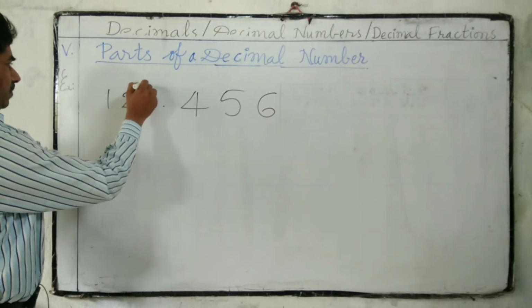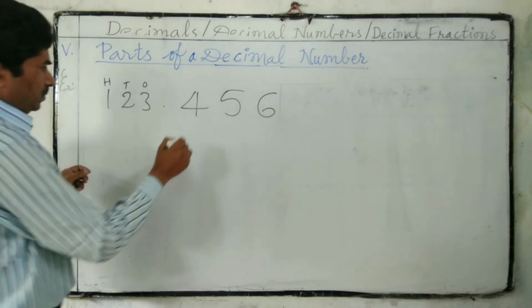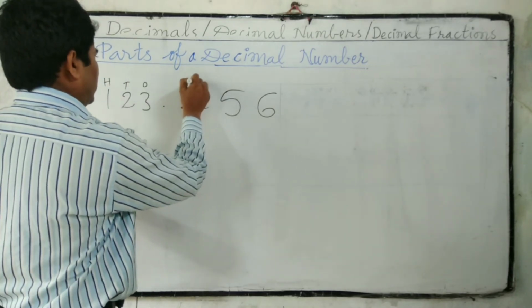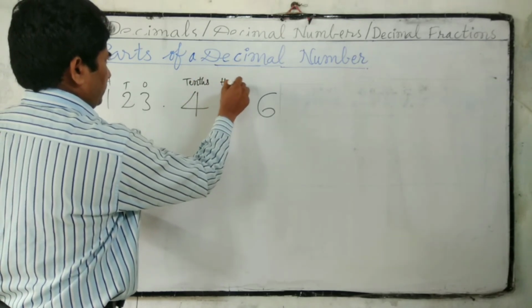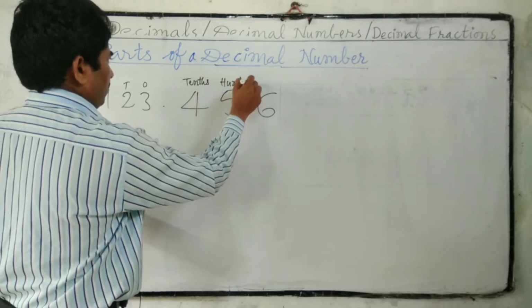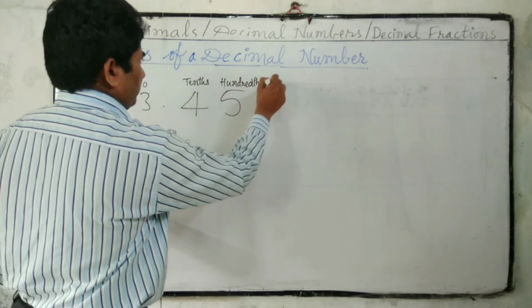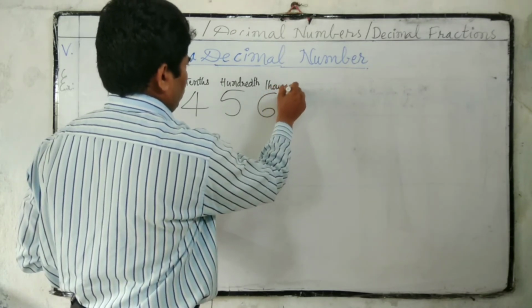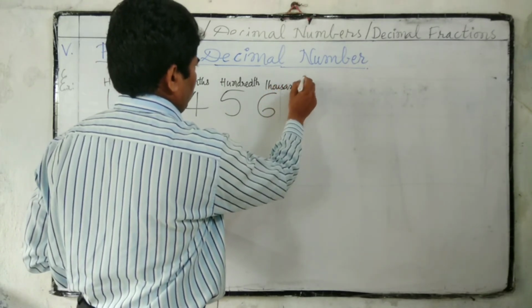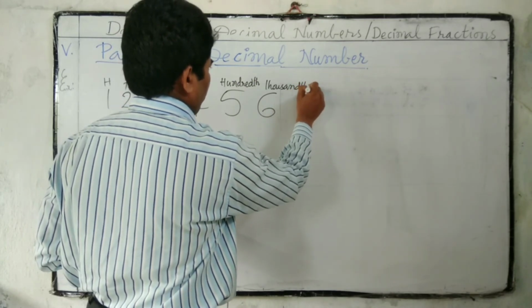We know this ones, tens, hundreds. This is tenths, hundredths, thousandths.